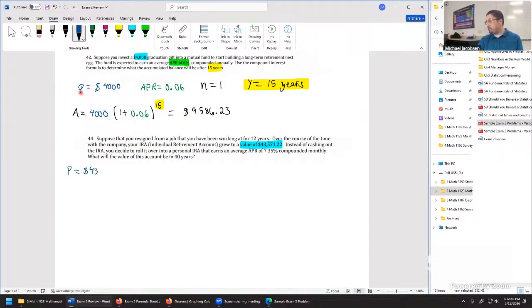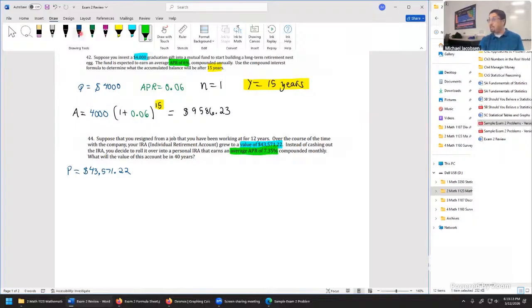Principal is substantial, 43,571, 22 cents. Every cent matters with this. It's going to be put into a personal IRA. And here's where we really don't know exactly what the value is in 40 years, because here's where we're making a pretty big assumption. We're assuming that that average APR stays exactly where it is.